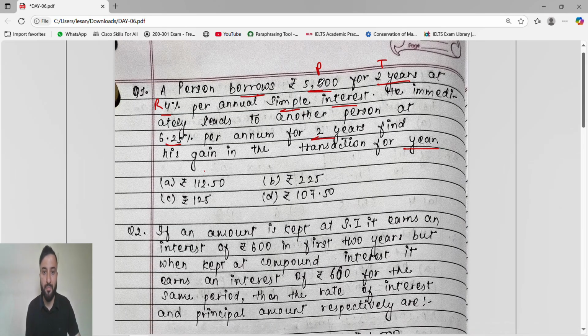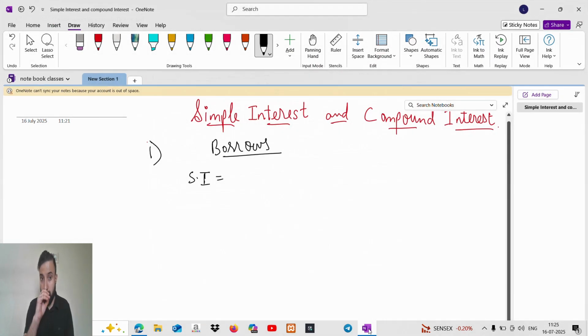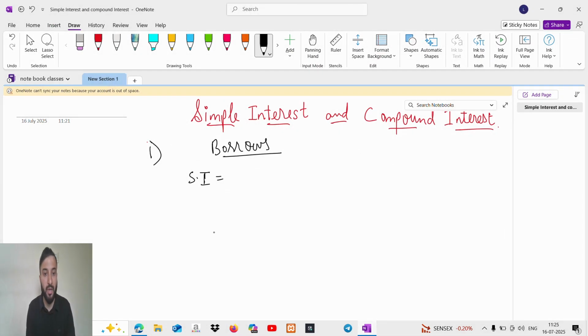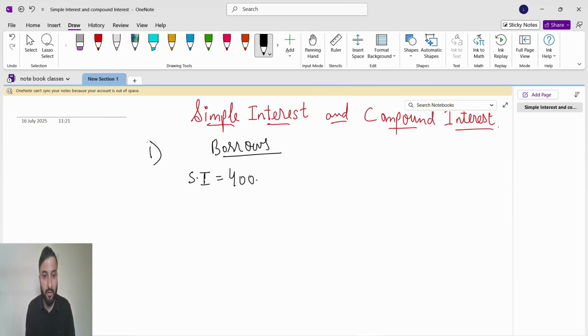So principal is 5,000, into time 2 years, into rate 4%, means 4 divided by 100. So P into R into T by 100 is 400. Because simple interest is mentioned, we use the simple interest formula. For that borrowed money he has to pay 400 of interest.